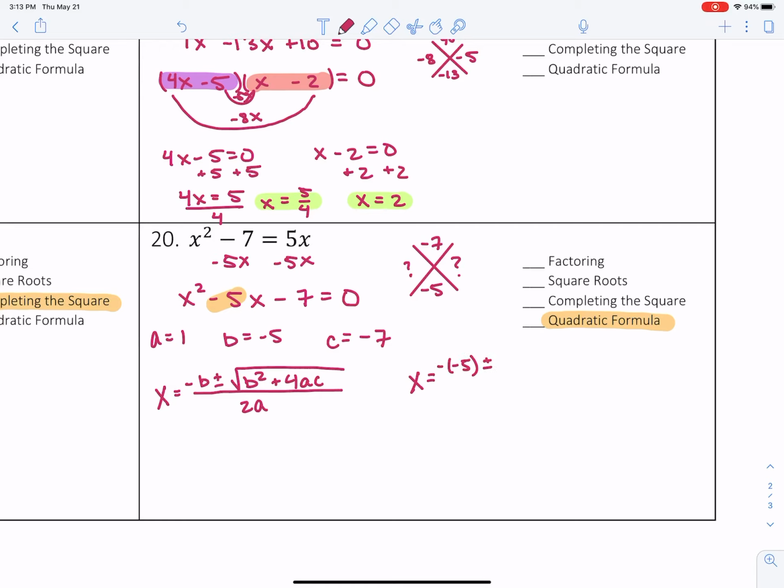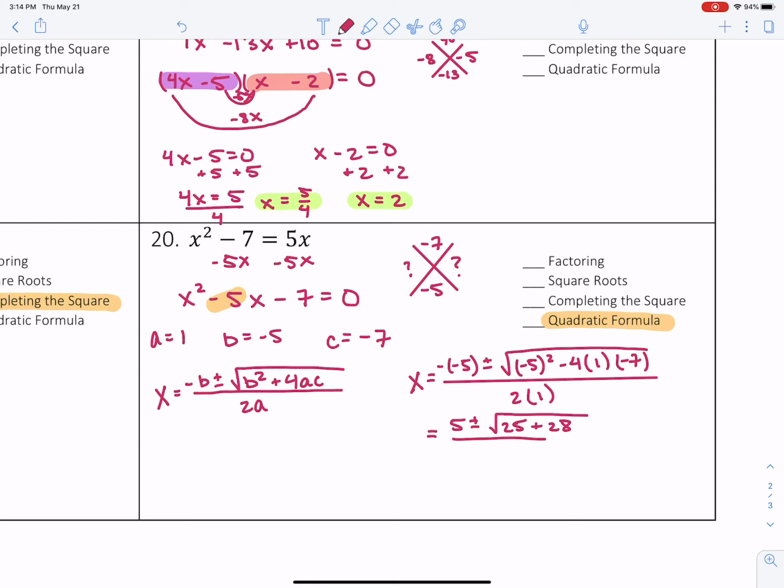-5 plus or minus the square root of -5 squared minus 4 times 1 times -7, all over 2 times 1. All right, so once we get rid of those negatives, inside our square root we have 25 plus, because a negative times a negative is a positive, 28, all over 2.